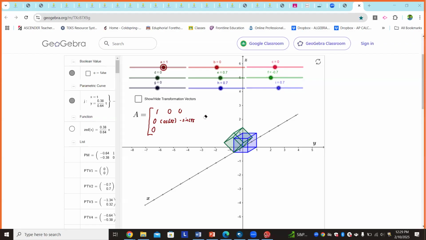This is going to be a lot harder to write. So cosine negative 45, negative sine negative 45, sine negative 45, cosine negative 45. Right. And again, I know where those trig functions are going because it's rotated around the x-axis.